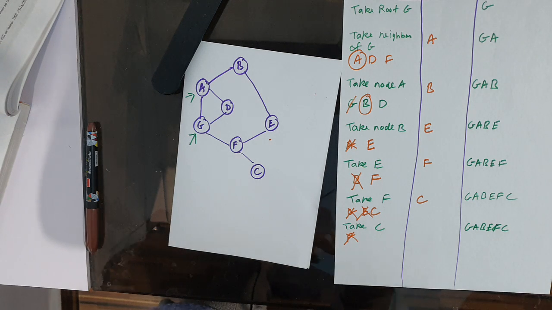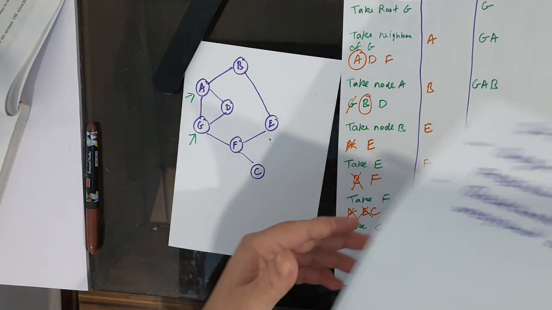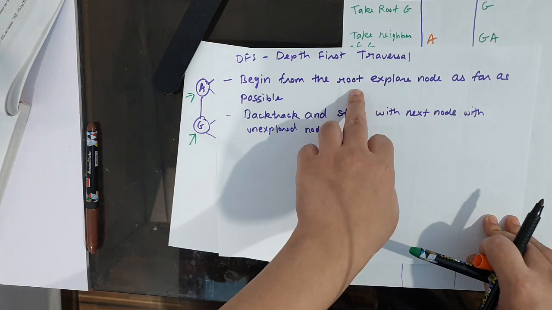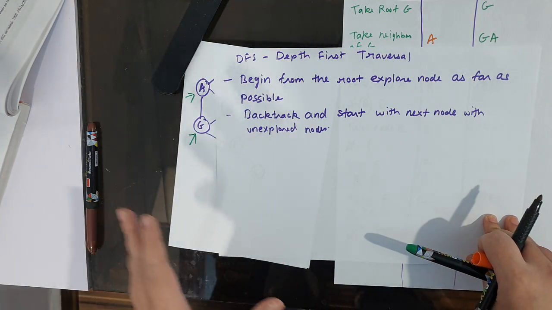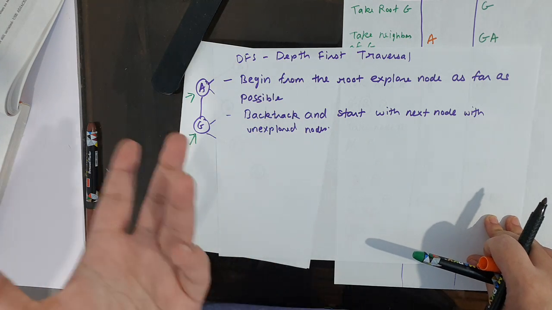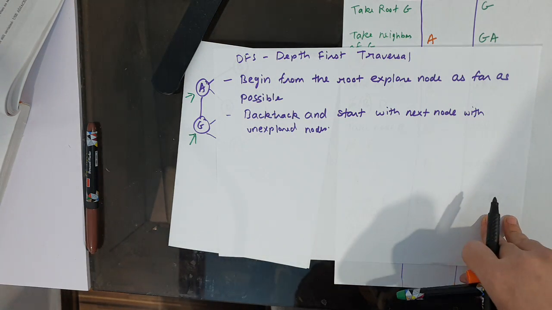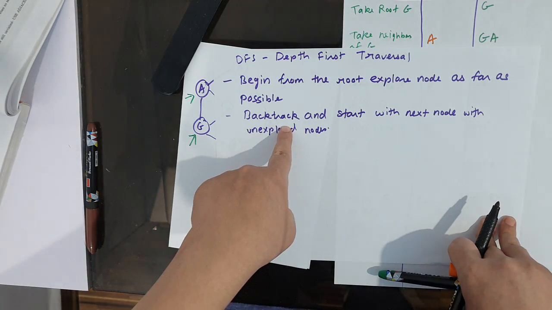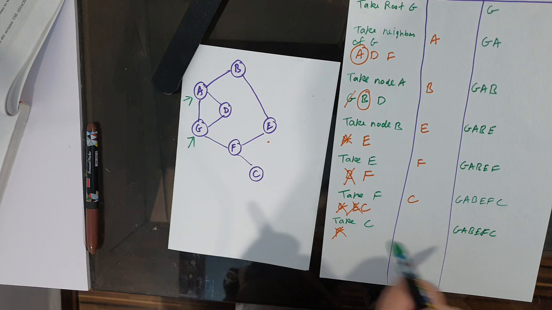After that, we are supposed to backtrack, as mentioned here, that once we have explored as far as possible, beyond which we are not finding any other neighbor to be explored, we need to backtrack. So let's start backtracking.